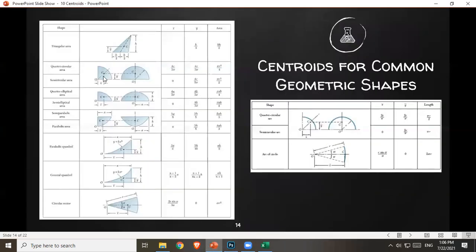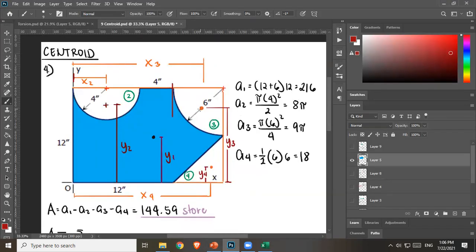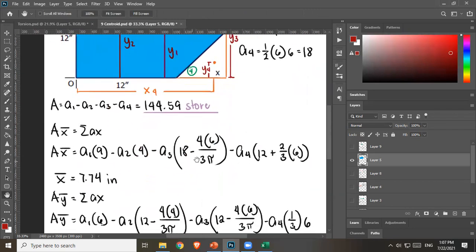And let's check for a quarter circle, distance from the edges are both 4r over 3 pi. So for a quarter circle, distance to both edges is 4r over 3 pi. So final equation, total length, which is again 18 minus 4r over 3 pi. And r is 6, so you'll see 18 minus 4 times 6 over 3 pi.